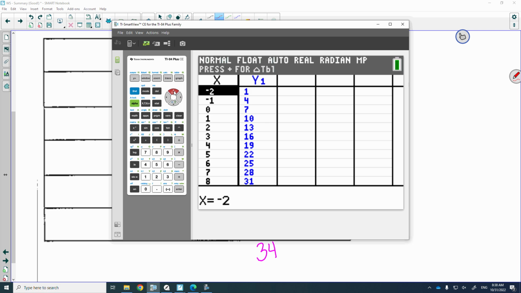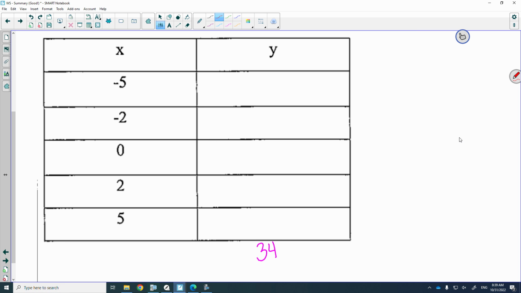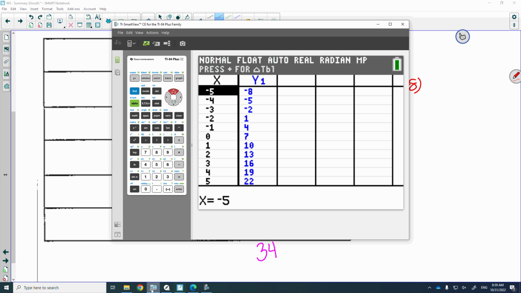Okay. You would fill in what it's asking for. So when x is -5, y is -8. And remember that that would give an ordered pair at -5, -8. When x is -2, y is 1.